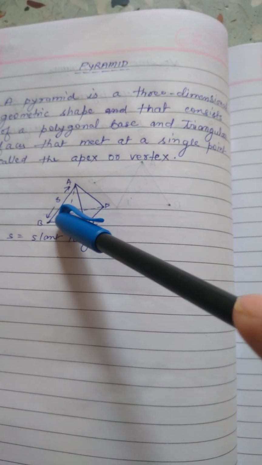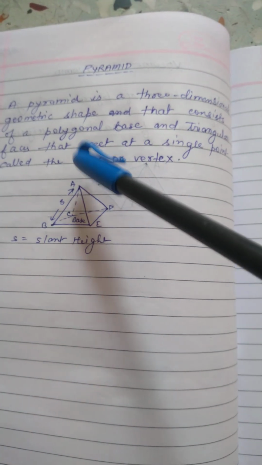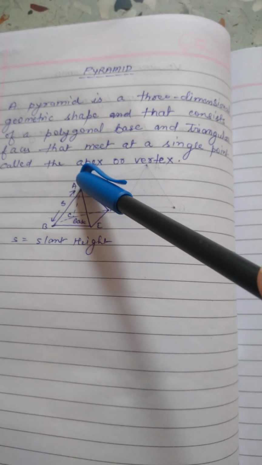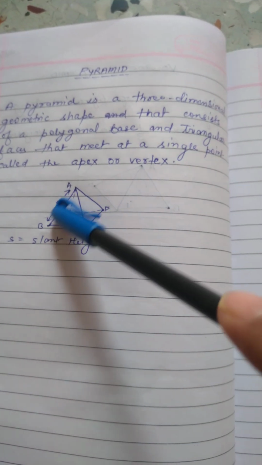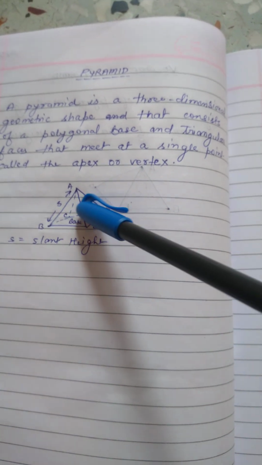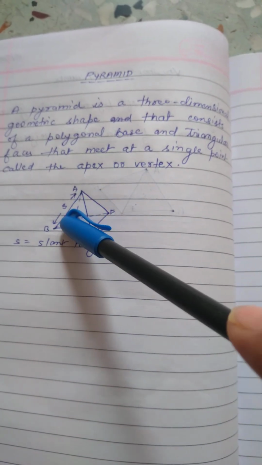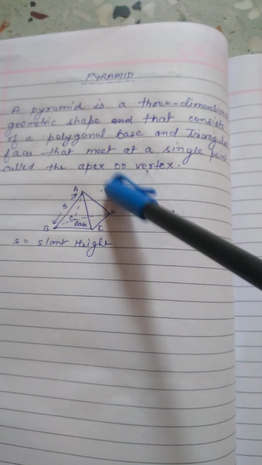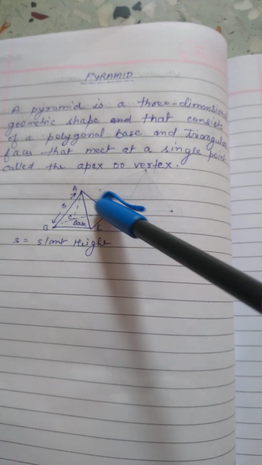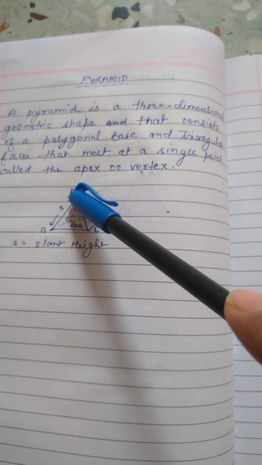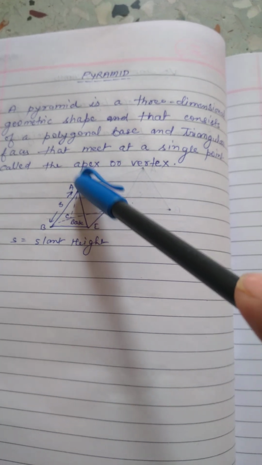This pyramid has a vertex or apex where the triangular faces meet at a single point, that is at A, and the base is BCDE, which is similar to a square or rectangle, and this AB is called the slant height. So a pyramid is a three-dimensional geometrical shape consisting of a polygonal base and triangular faces that meet at a single point called the apex or vertex.